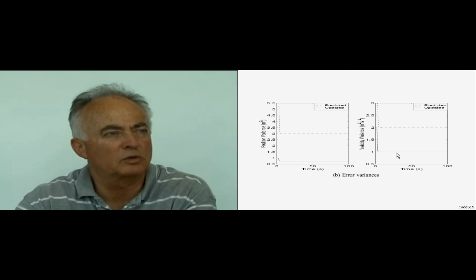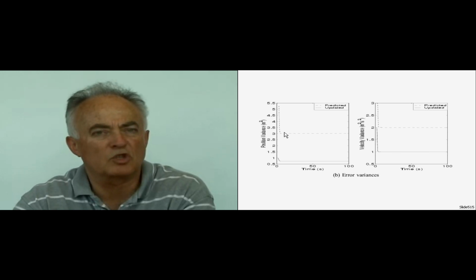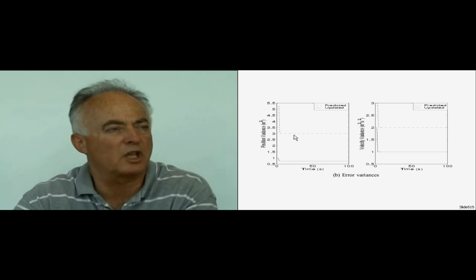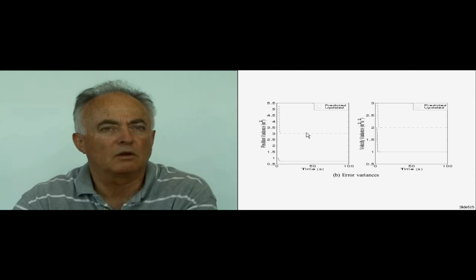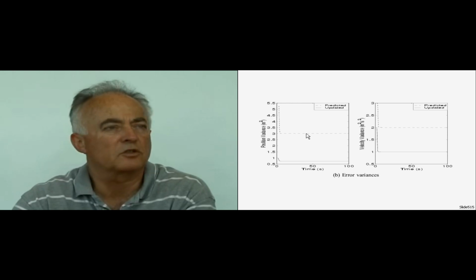This is a meter square variance, obviously the dimension of the square of the quantity it pertains to. And you can see now that there is a significant difference between the predicted and the updated values for those variances.